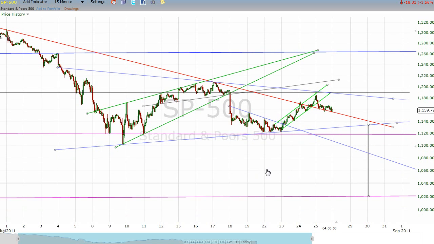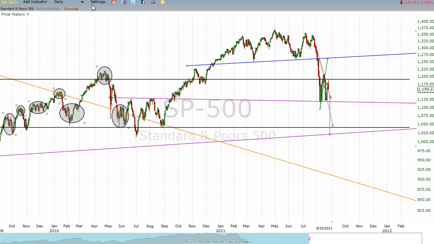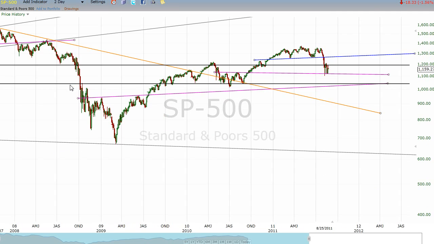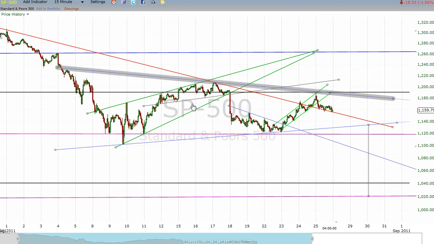The measured move would be to 1020. Oh, look, that goes to a line, doesn't it? Where does that take us back to? Got to go to a 2-day chart. That takes us back to the neckline of this big inverse head and shoulders pattern that never really got a solid back test. So kind of ominous, I know, but I feel the need to point that out.